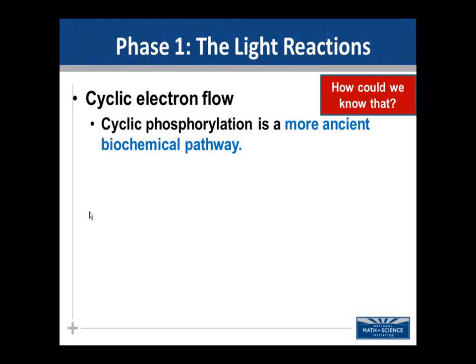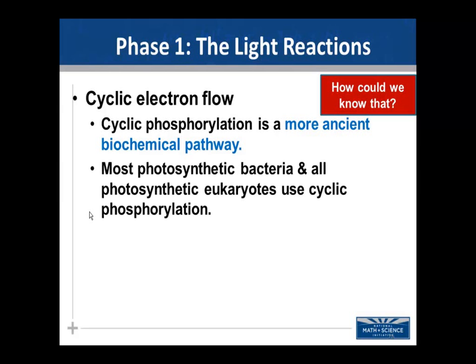It's also used by most bacteria that perform photosynthesis. And since we know bacteria to be older, and simpler in structure, they're prokaryotic, don't have a nucleus, and have other simpler mechanisms in general.